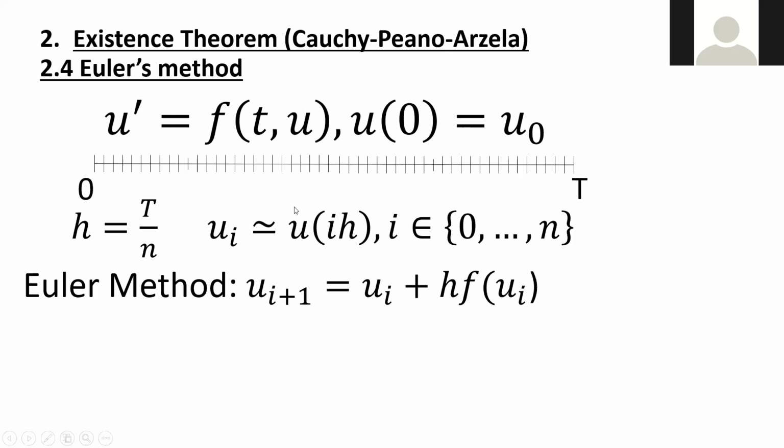So here is the usual Euler method, right? You split your time interval 0 to T into n segments, and then u0 is known, is your initial condition, and then by induction you approximate u_{i+1} by this formula.